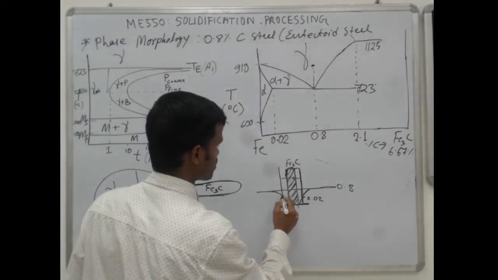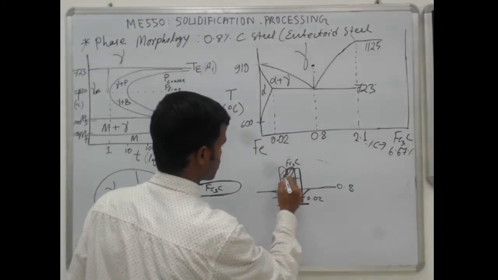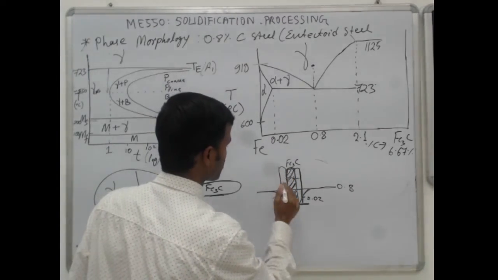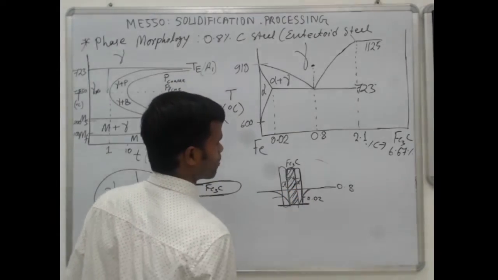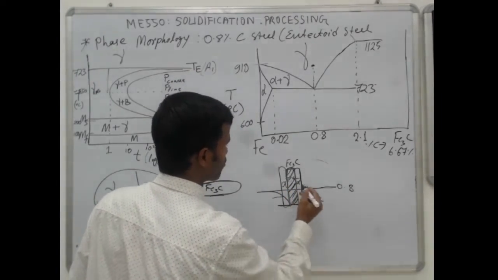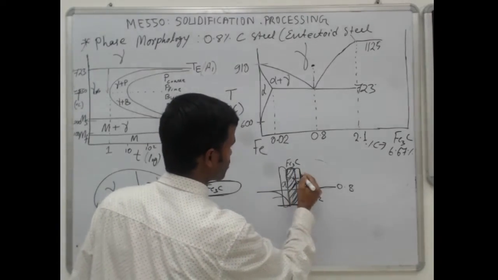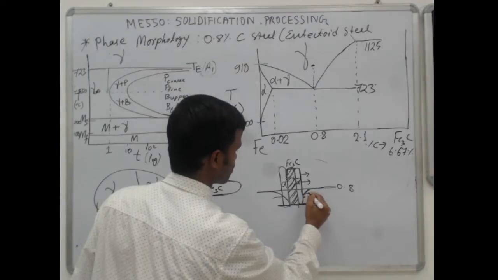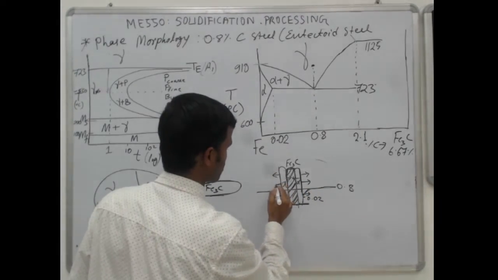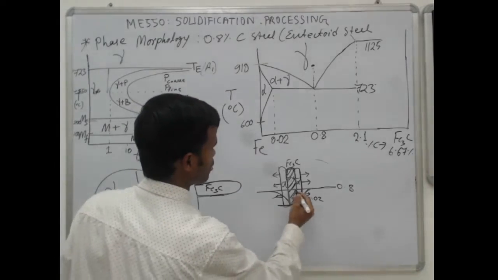If it is less than say 0.02, this region of the material will become alpha. Once it becomes alpha, what will happen? It will try to grow like this. How will it grow?